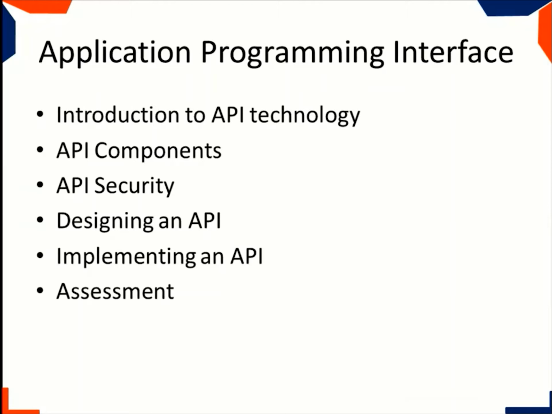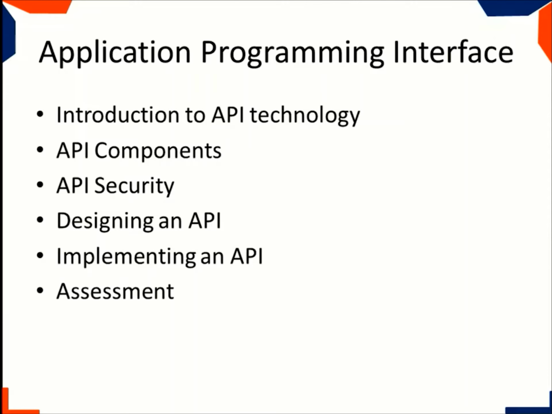There will be some API components that we are going to discuss, and the API security part. If we need to get into the technicalities of designing an API, we will cover it in the next part for all those people who are interested in designing and implementing APIs. And finally, there will be assessments for checking out. As of today, the first section will cover up to the API security part.